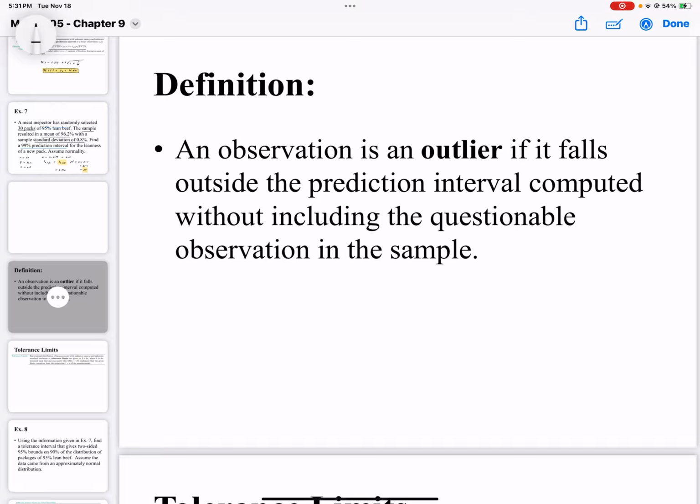If I have a value that falls well outside the pattern of the data, then that's considered an outlier. I don't know what my population mean will be. However, using the sample mean, I can get like 95% or 99% certainty that it would fall in this value. If it doesn't, then it's an outlier.